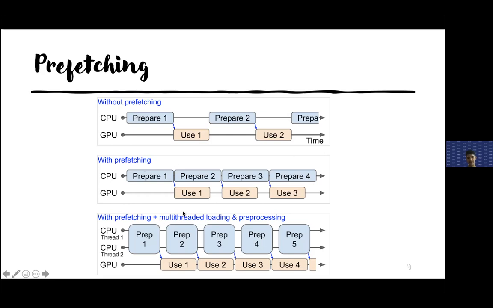Instead of sequentially preparing and using the data sets, you would prepare the first data set, then use it while you're preparing the second data set, then use it while you're preparing the third data set, and so on. So it closes this time gap, and it really lets you optimize your compute resources and not waste anything.